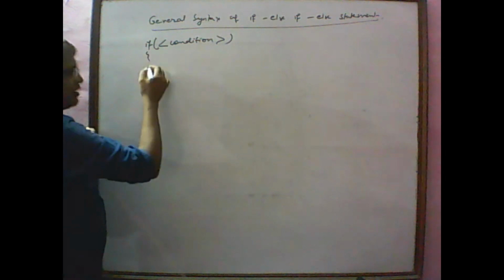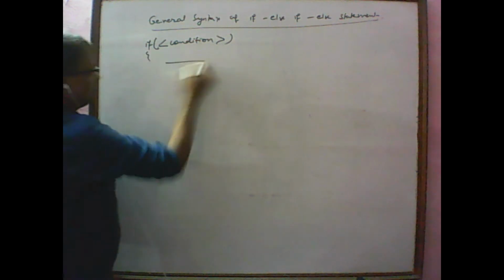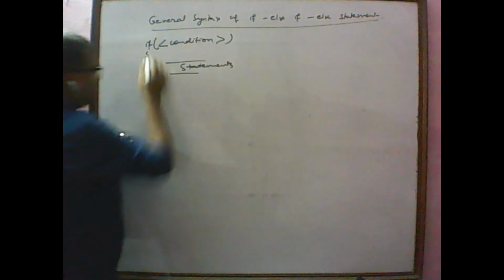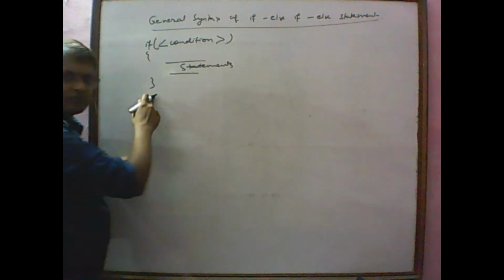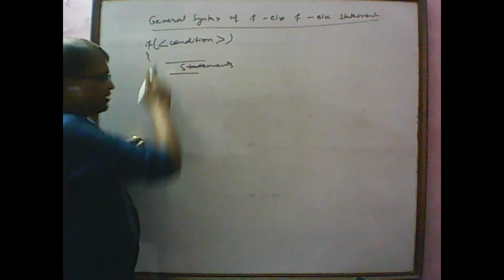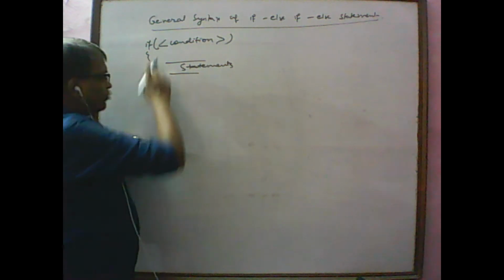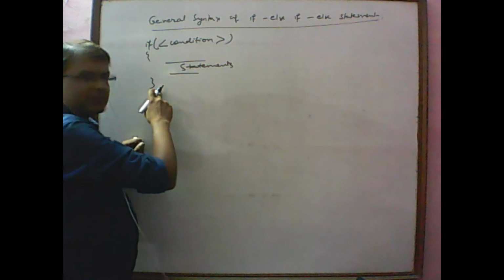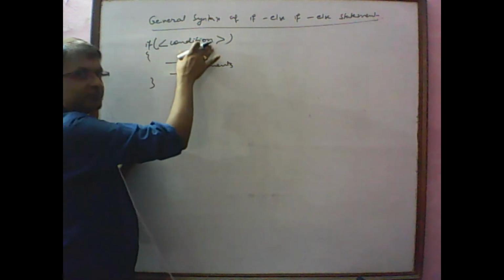After that we give the opening curly bracket, then the statements to be executed, and then the closing bracket of this if. Opening and closing means whatever is written within these two braces will be part of this if statement.